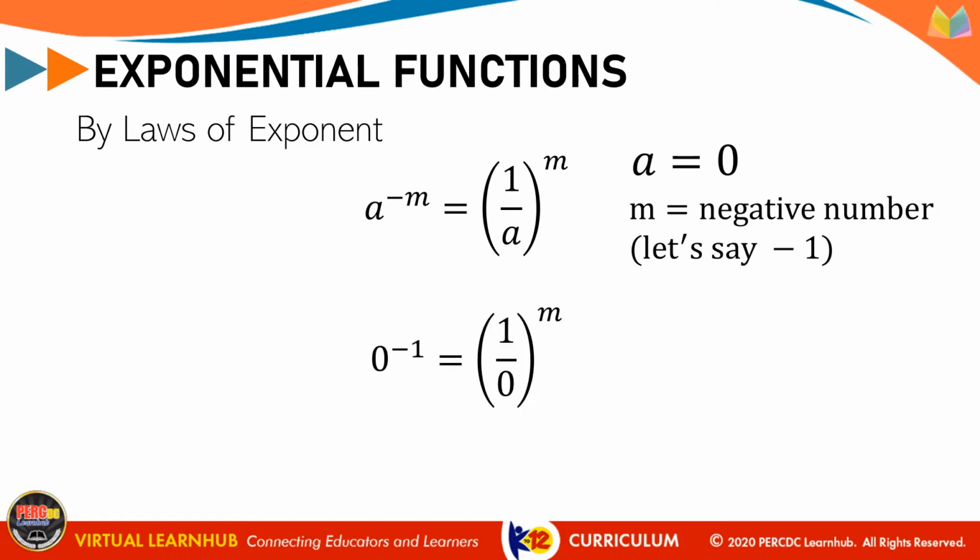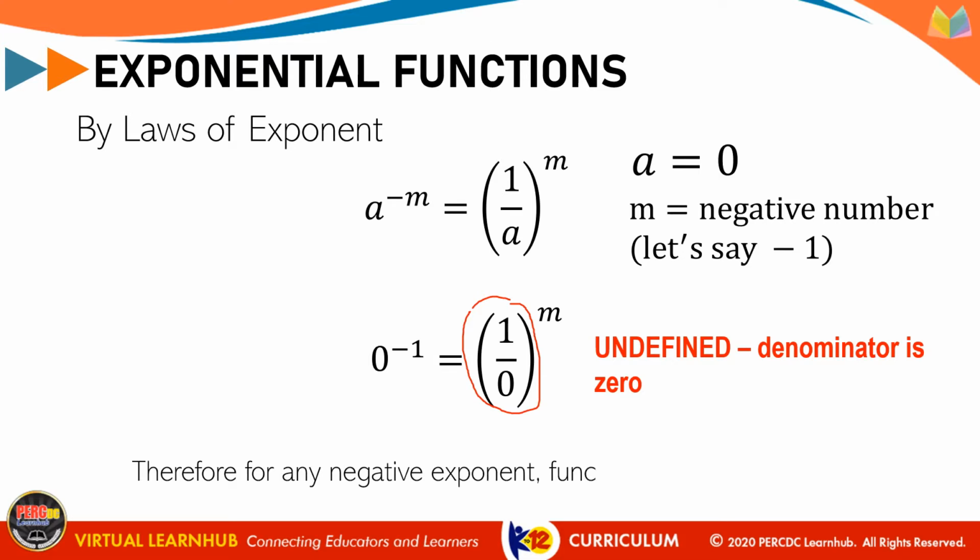We will have 0 raised to negative 1 equals 1 over 0 raised to m. And let's remember that any number divided by 0 or with denominator as 0 is undefined. Therefore, for any negative exponent, function will be undefined.